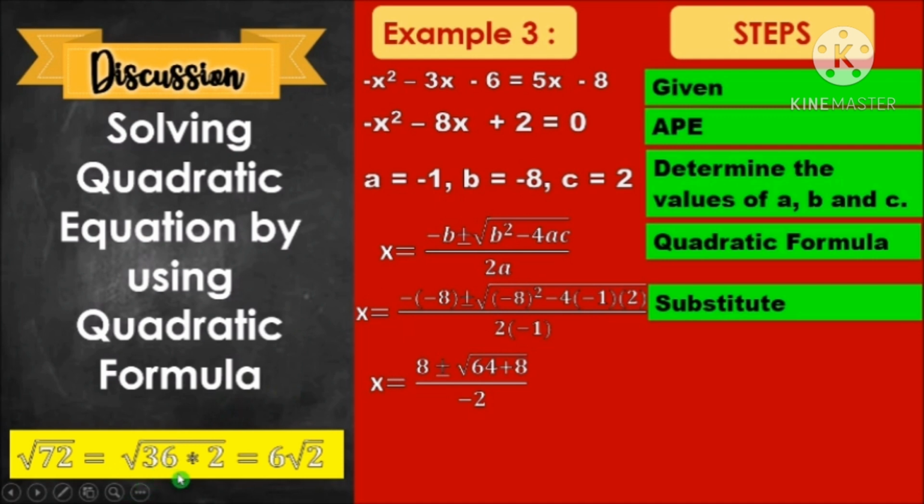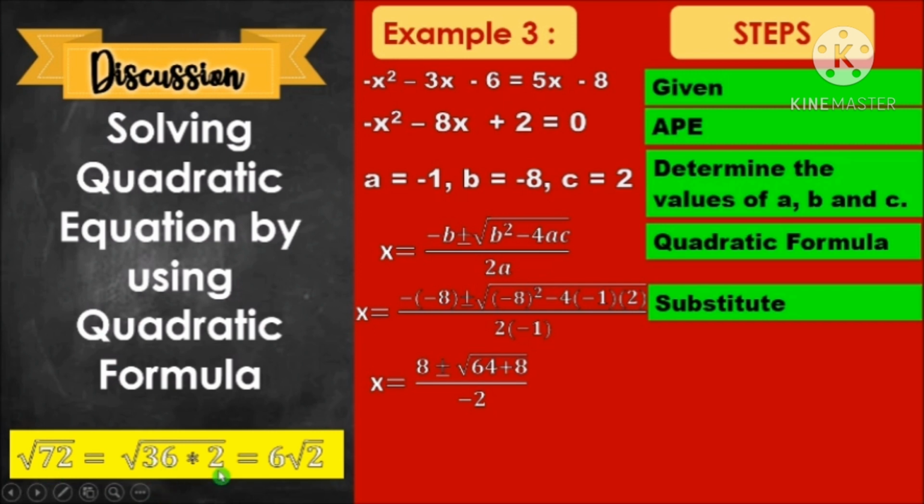Yung isa ay perfect square at yung isa ay non-perfect square, or much better to have a prime number. So, ang perfect square na pwedeng i-divide kay 72 ay 36. Then, 72 divided by 36, ang matitira ay 2. So, if we're going to multiply 36 times 2, babalik tayo kay 72.